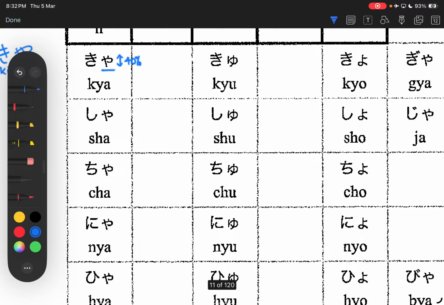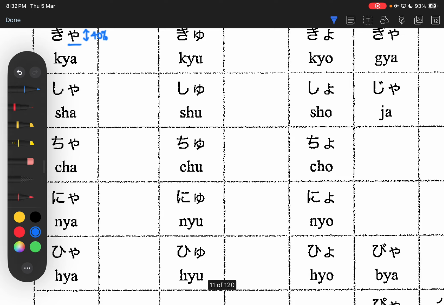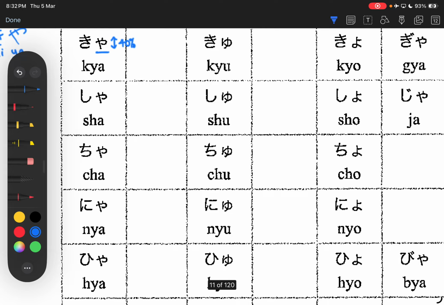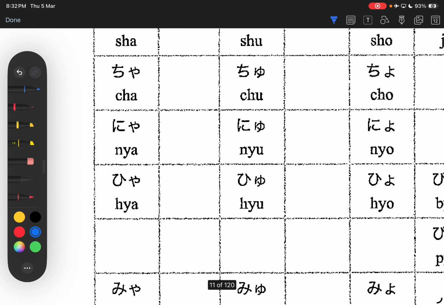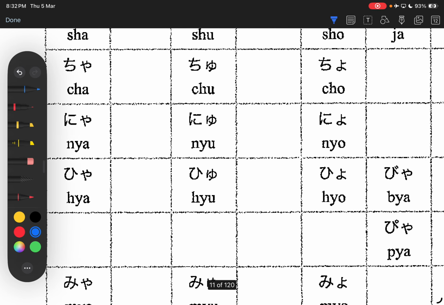Next line we have cha, chu, cho. You can see how they are formed, right? Chi and yo becomes cho. Next line we have nya, nyu, nyo.